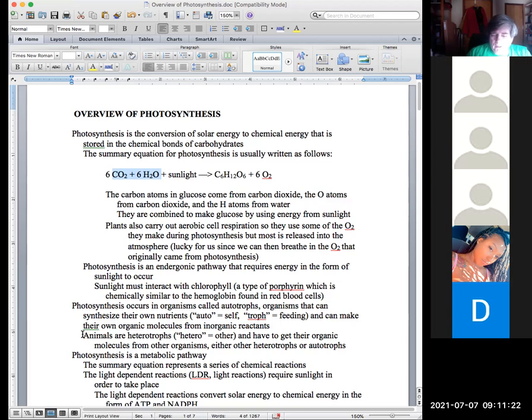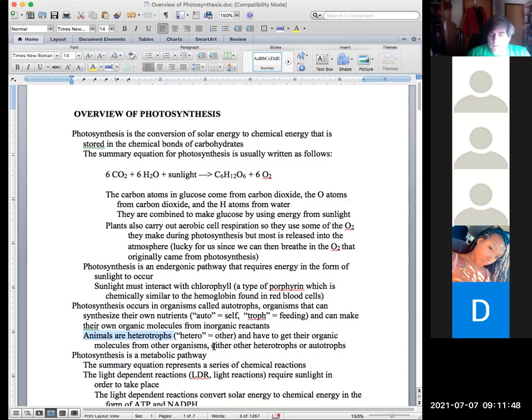Now, if we look at organisms like ourselves, animals and fungi and other types of things, a lot of organisms like us are heterotrophs. Hetero means other, think of heterosexual. Heterotrophs get their food from others. So basically, we get our nutrients. We can't make them from scratch like a plant does.